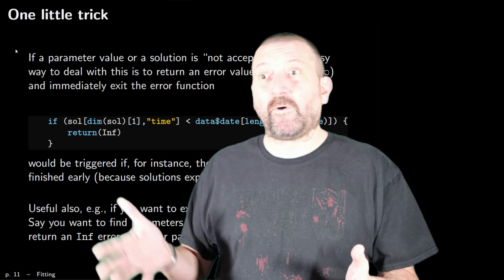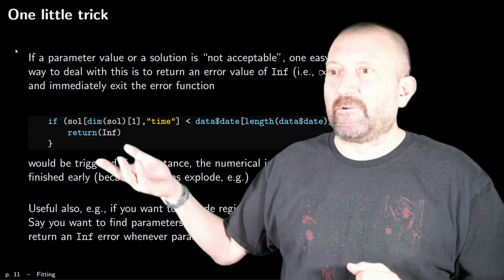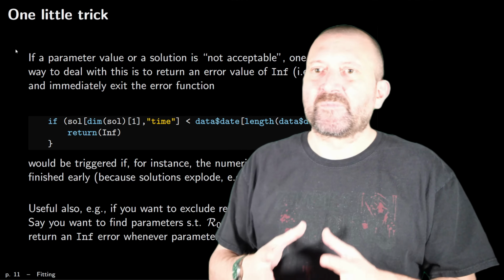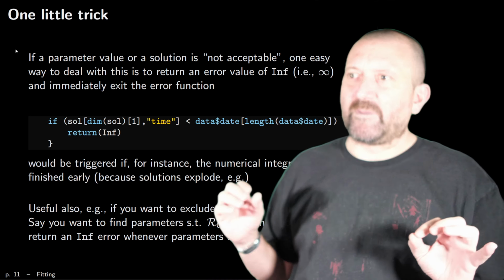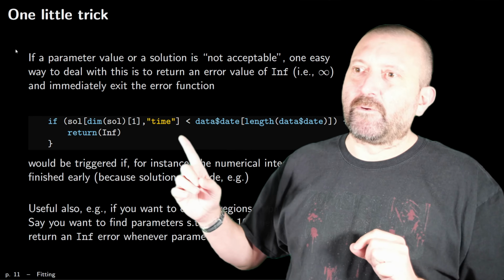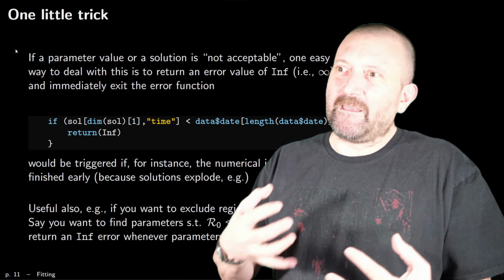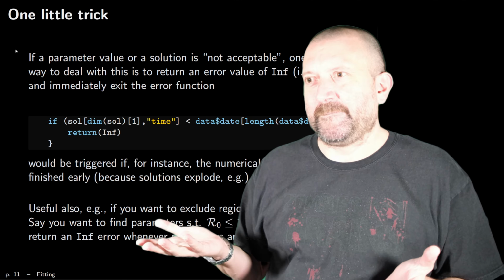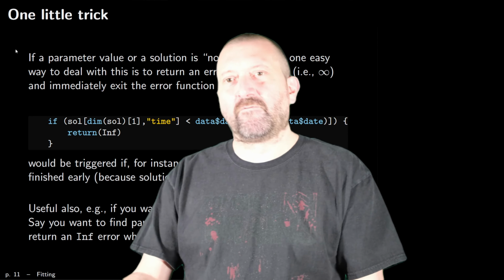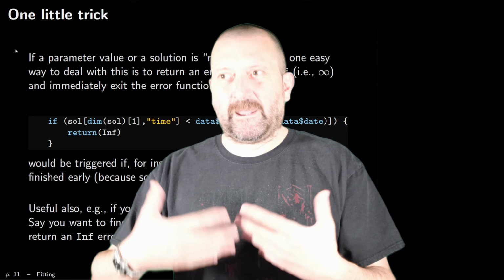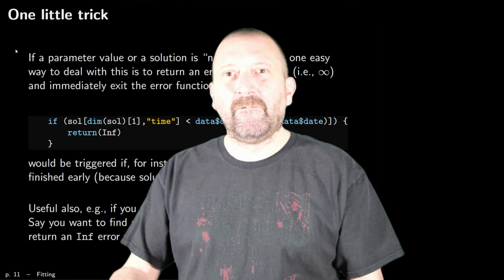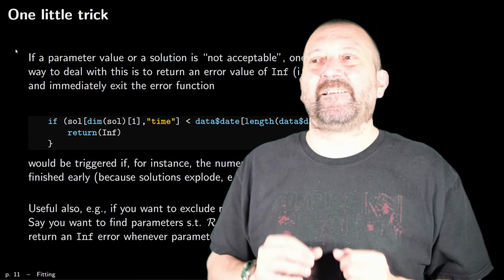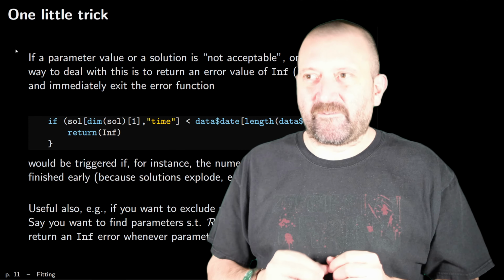One way to avoid this is precisely to do this. If you have an optimization routine that does not allow you to set bounds on the parameter values, you can do it explicitly within the error function by saying that if the parameter is negative, then the error is infinite. When the optimization routine finds an infinite error, it says, well, this is not a good point. So this is a way to explicitly constrain the parameters.